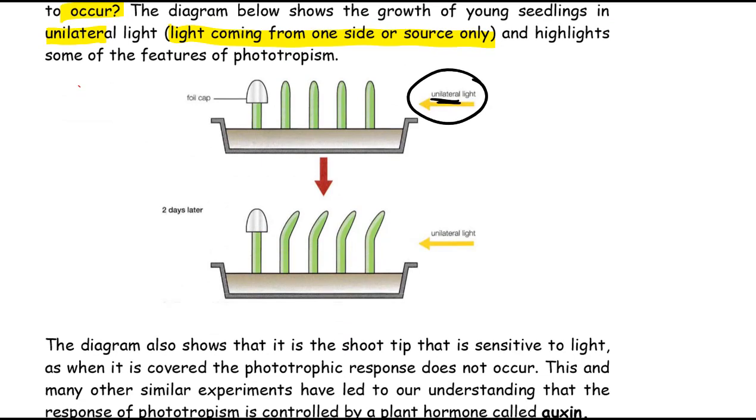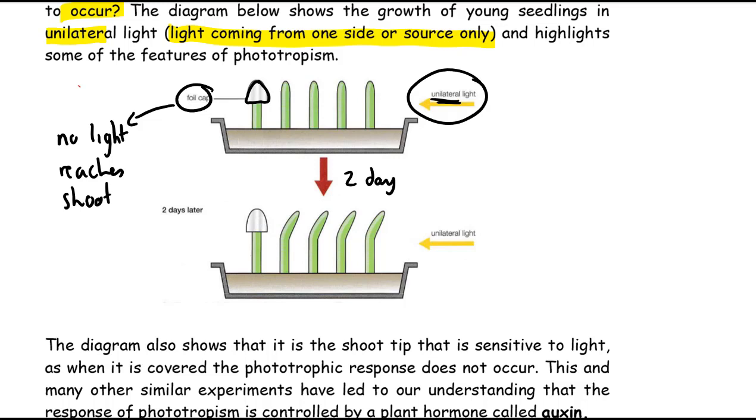So we've got 5 shoots here. This wee one is wearing a little hat with foil on it, so no light reaches the shoot. Now we'll leave that for 2 days, and this is what we see. Some of the shoots bend over towards the light, whereas this one with its little hat just grows straight up.